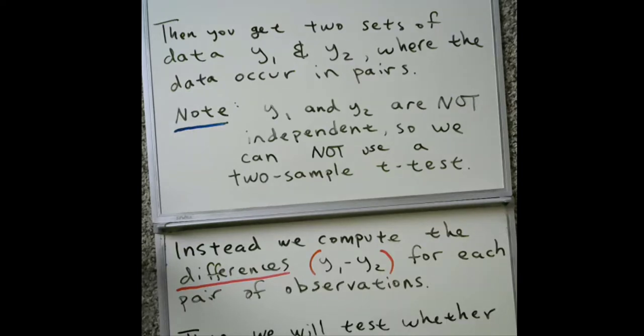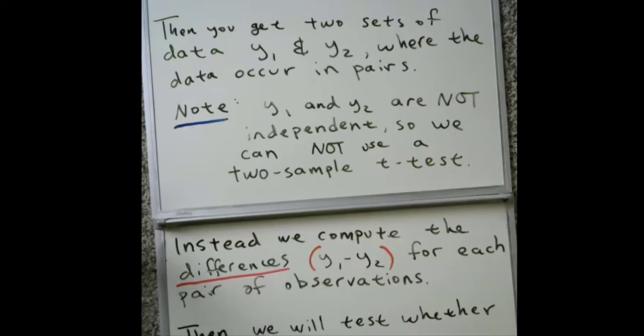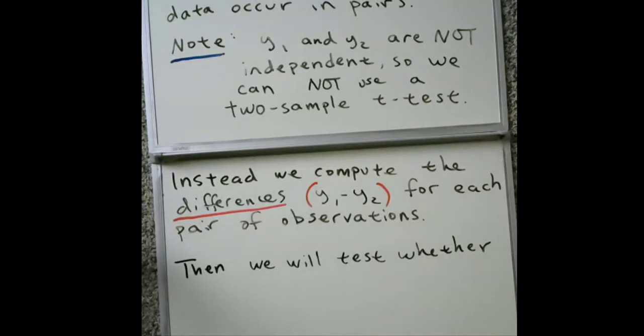With these hypothesis tests, we're always looking if there's some sort of change or some difference. If it's directional, then we ask, was there an increase or a decrease? With a paired test, we're still doing that, except now our observations are occurring in pairs, but we're going to just look at their difference.